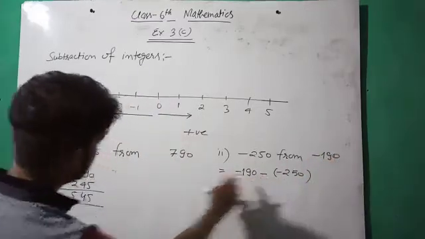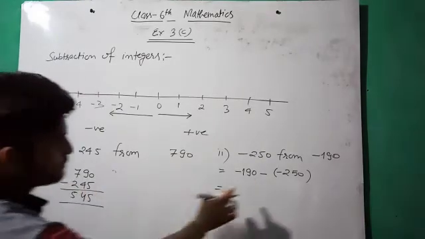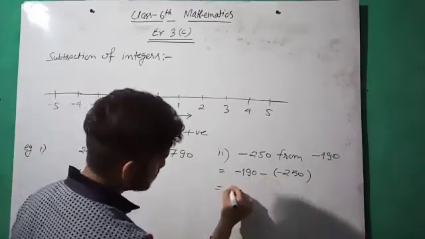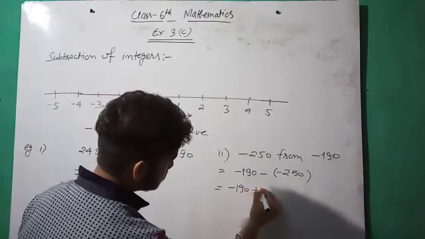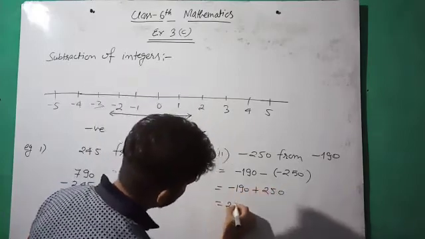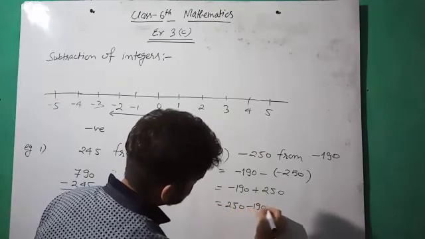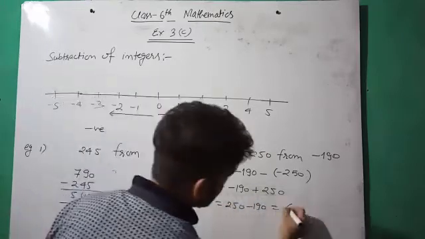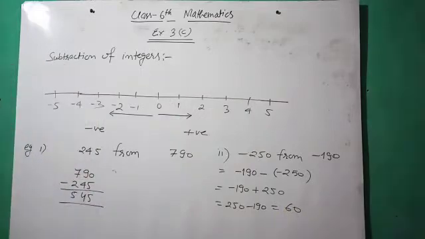So this is the sign like this, minus and minus we know is plus, then it is 190 plus 250, या हम इसको ऐसे भी लिख सकते हैं 250 minus 190. So 250 minus 190 is 60. Like this we have discussed some questions in the exercise also.